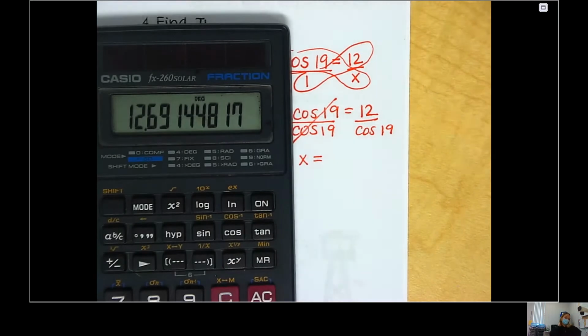You should get 12.69144817, which rounded gives me 12.7. Raise your hand if you didn't get that number. We all got that number? Okay, 12.7.